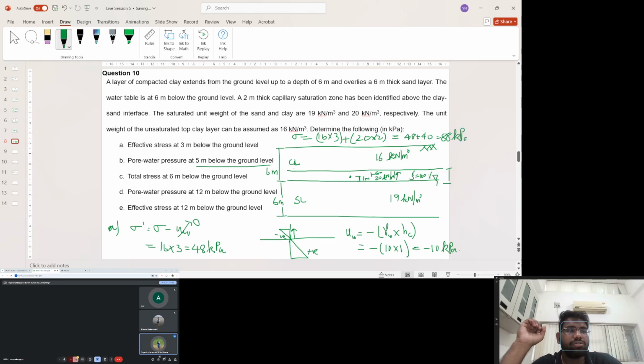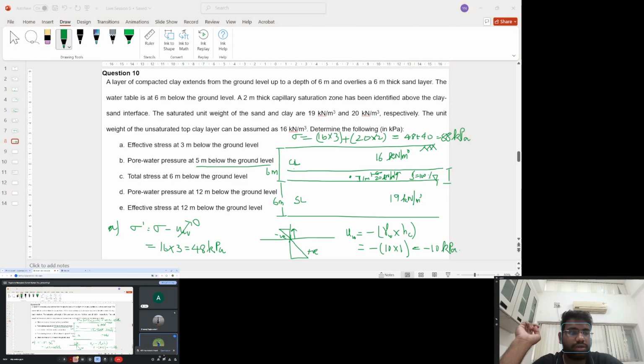Now if I extend this to effective stress, then the pore pressure will be negative, and the effective stress at this point will be greater than the total stress, since there is an addition due to the tension.